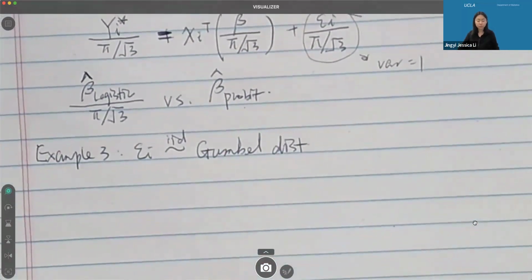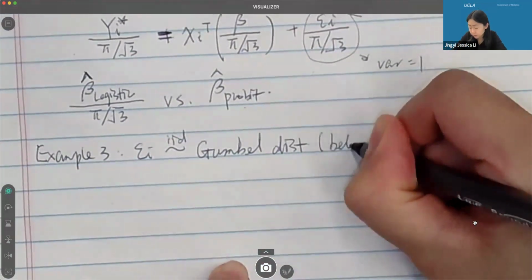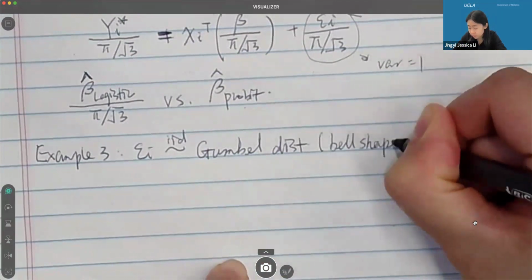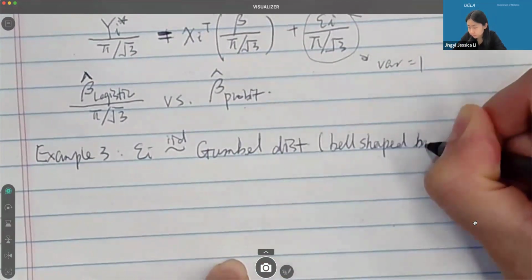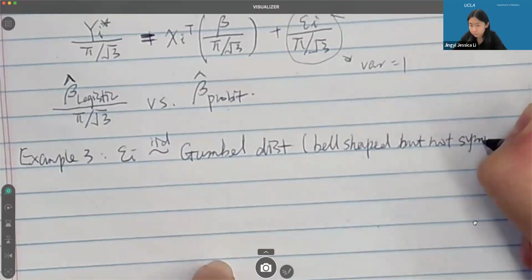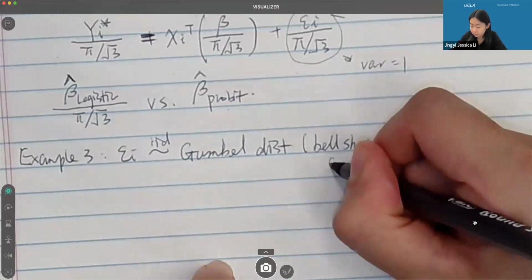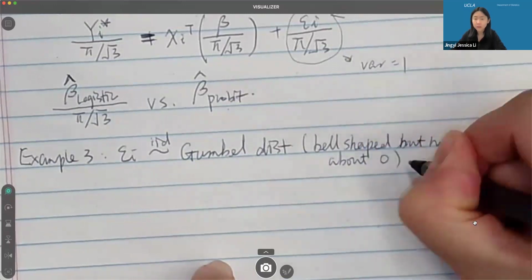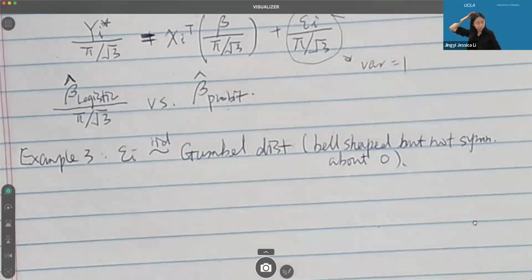The Gumbel distribution is also bell-shaped, but it's not symmetric about 0. So you can check it out.